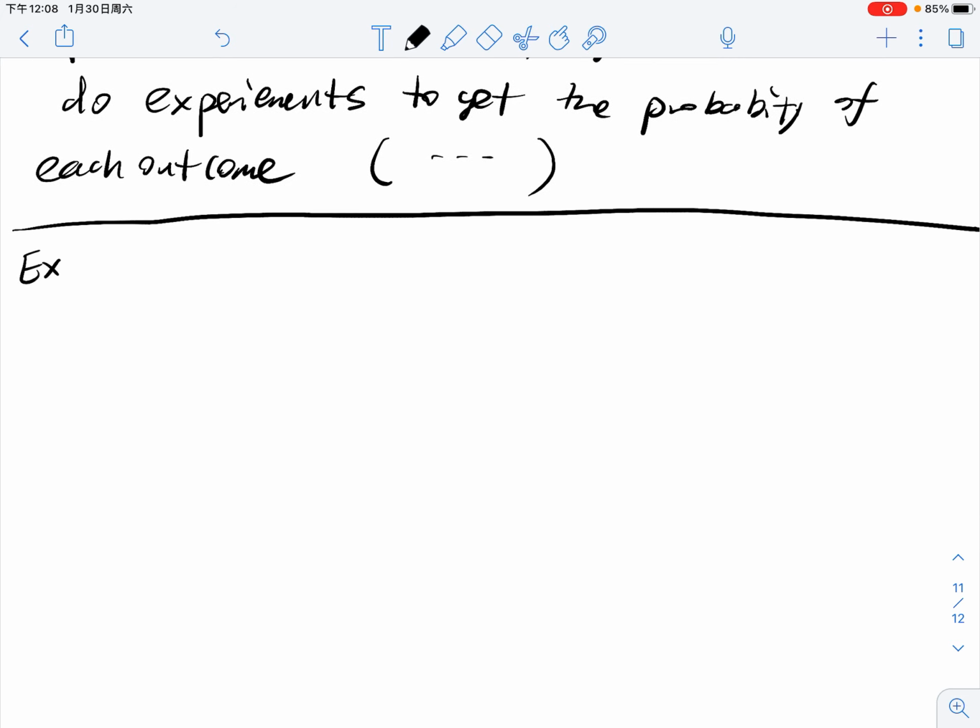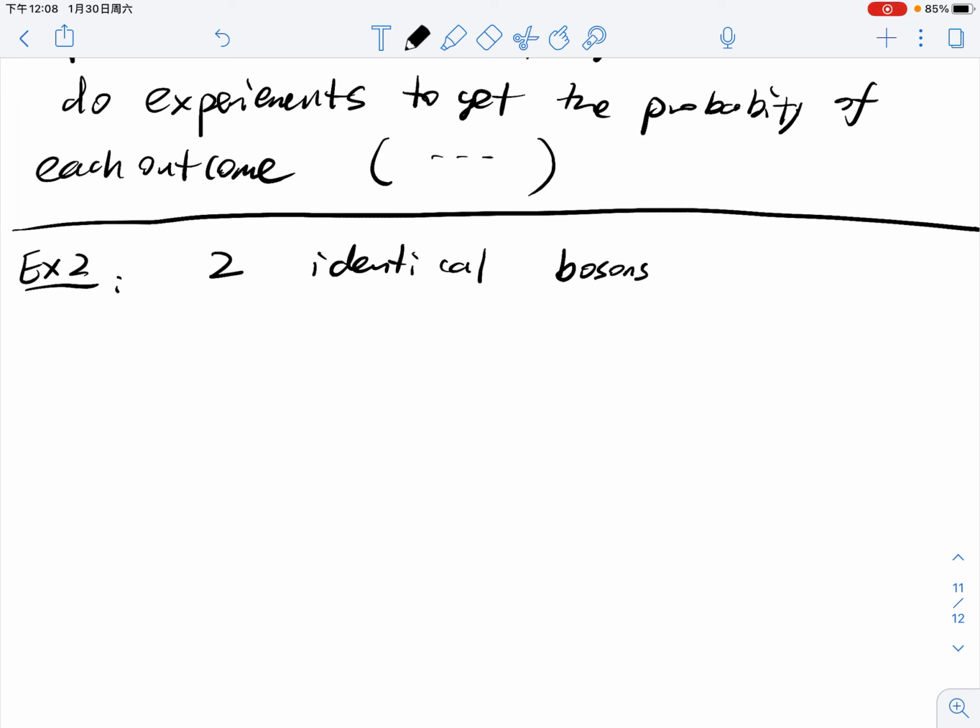Okay, now let's look at a different situation. Suppose you have 2 identical bosons. Recall that for 2 identical bosons, you cannot tell which is which.